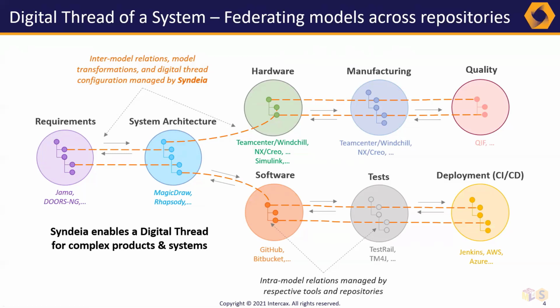And that's often missing. And as you see, these are the kinds of relationships that we are most interested in. Although to truly realize the digital thread, you need both the intra and the intermodal relationship. If you ever want to navigate, as you see on this graph, from a requirement to a system architecture to a hardware part, you not only need to navigate the bridges across these islands, but you also want to navigate the roads within the island.